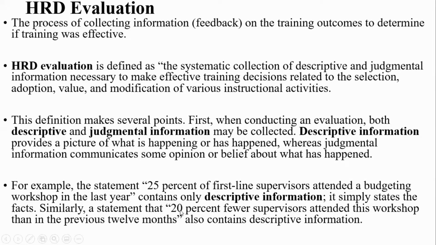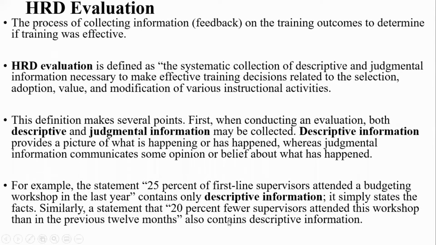The same can be said about this particular statement, when you say 20% fewer supervisors attended this workshop than in the previous 12 months. In this circumstance, you are trying to describe the percentage of supervisors who took part in the workshop seminar that was recently conducted.